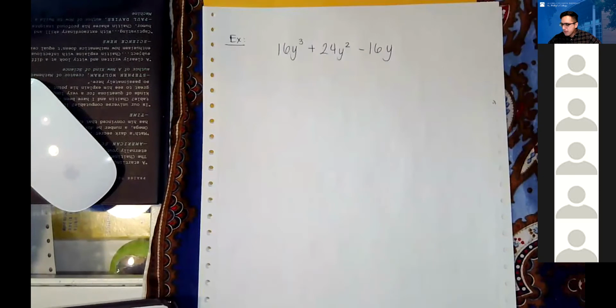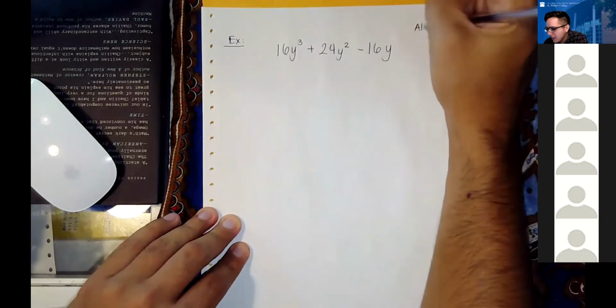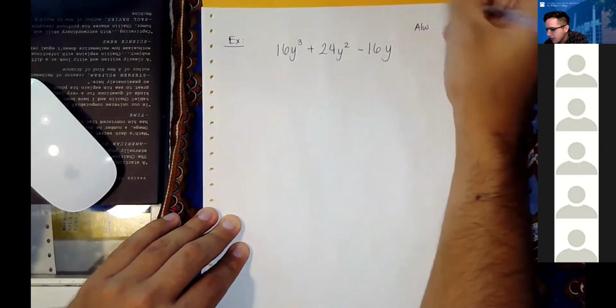Label your terms. Yeah, let's label the terms. Hold on. Factor the y's. Before we do that, we always want to inspect to see if there's a greatest common factor among the terms. So always, always, always check to see if there's some factor in common between all three terms.